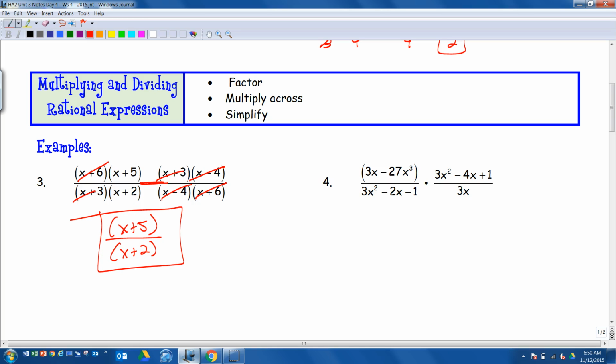Alright, let's do this again. Factor, I'm going to pull a negative 3 out of the top, and I'm left with 9x, negative 3x I should probably take out. And I'm left with, what is that, 9x squared minus 1.